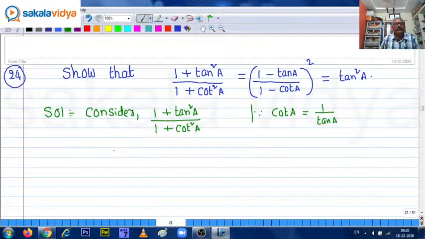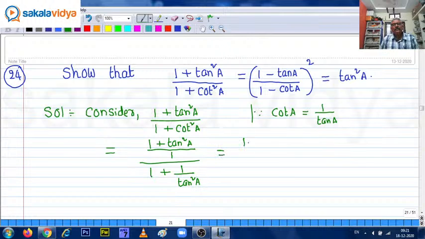So let us see what do we get now. Equals to 1 plus tan square A, for our convenience by 1 write down, 1 plus cot square A. Cot A is equal to 1 by tan A. Cot square A is 1 upon tan square A, you can write.